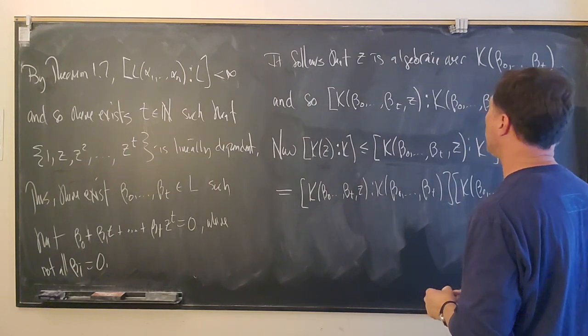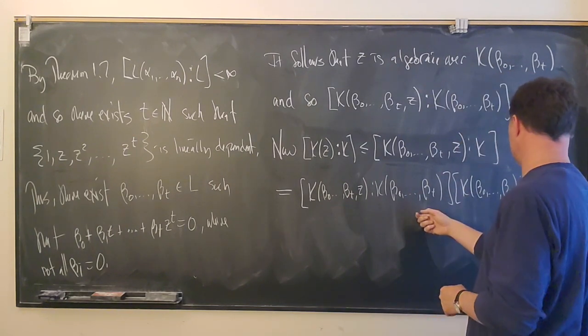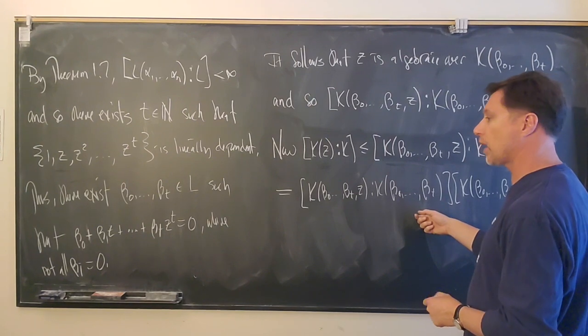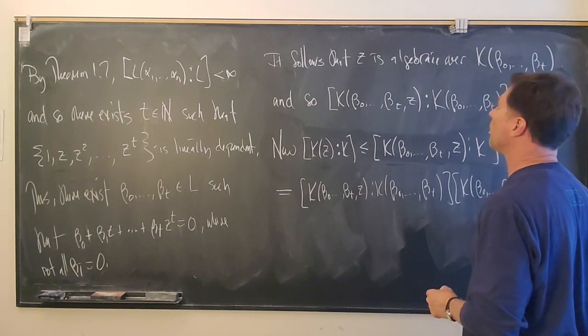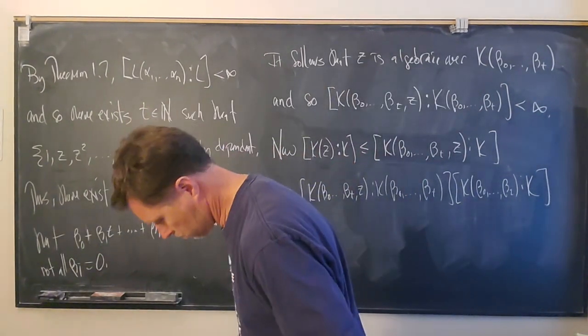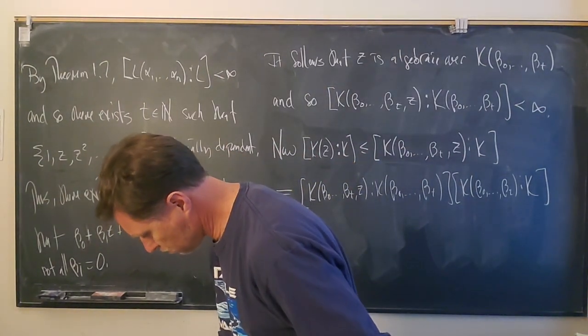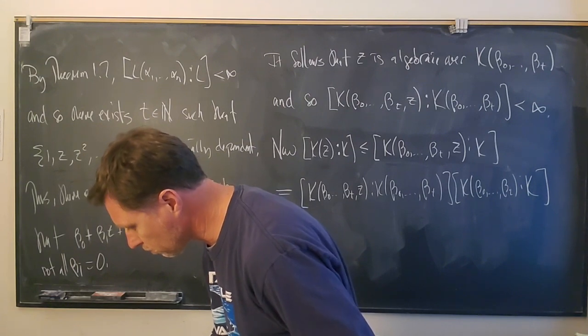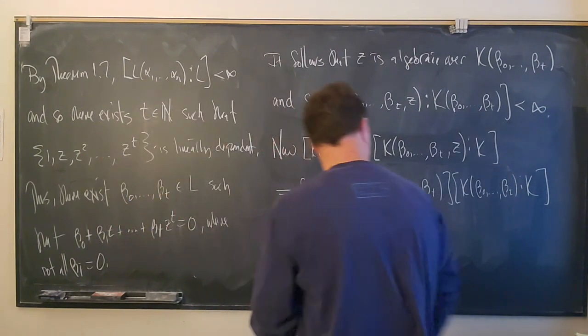Now, we know that this one is finite. And why do we know that this one is finite? I need to actually explain why that is.